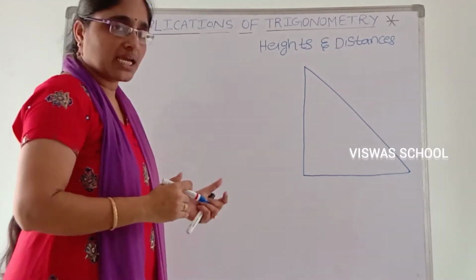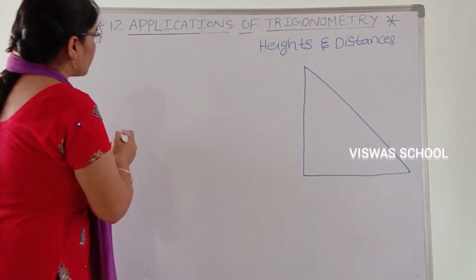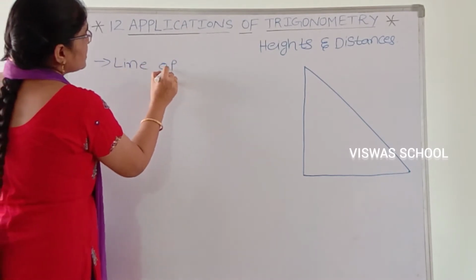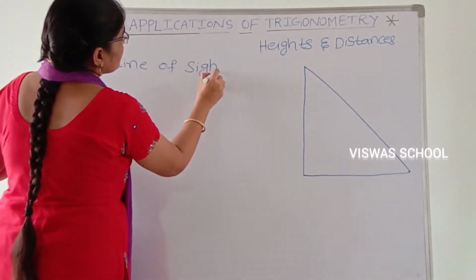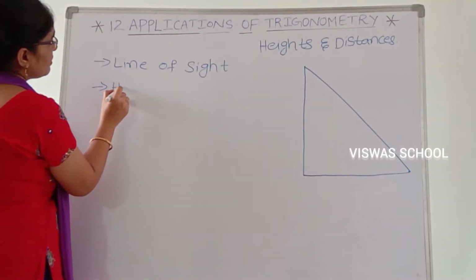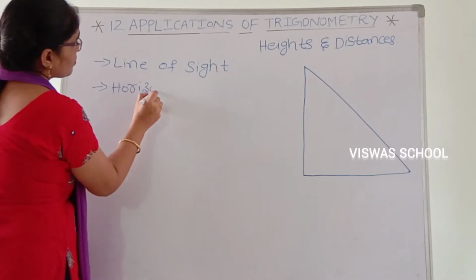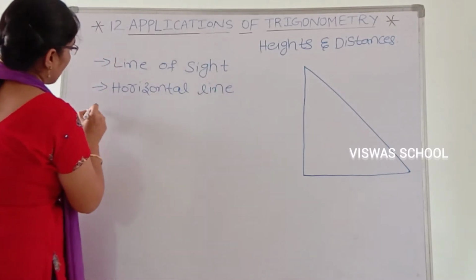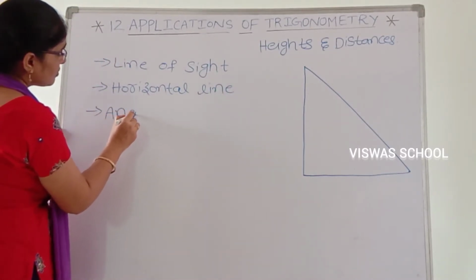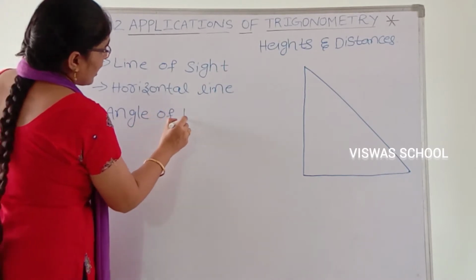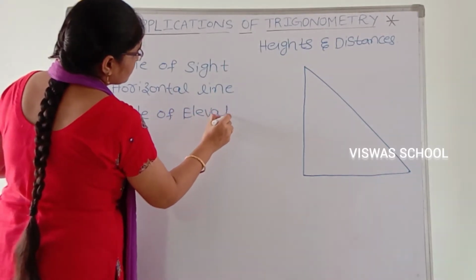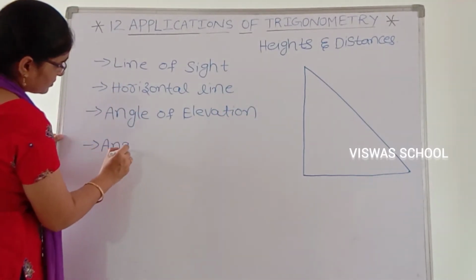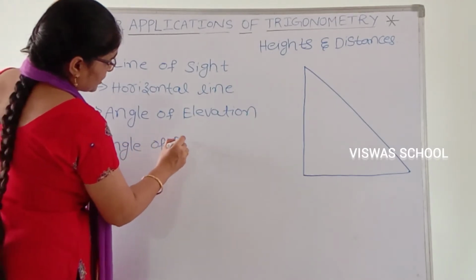Next, in the applications of trigonometry, we discuss the terminology: line of sight, horizontal line, angle of elevation, and angle of depression.